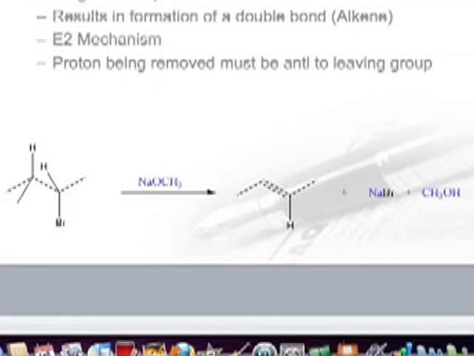Here we have a strong base, so instead of getting substitution, we get elimination. 2 things happen at the same time. Pull the proton off, leaving group leaves. One thing we want to realize here is that the H that gets pulled off has to be anti to my leaving group.